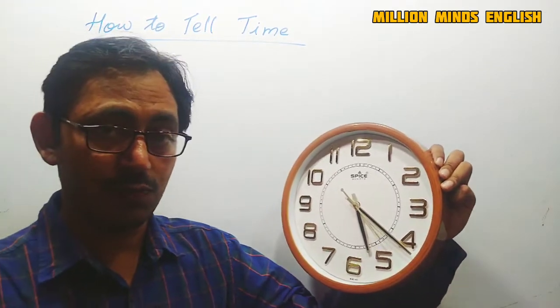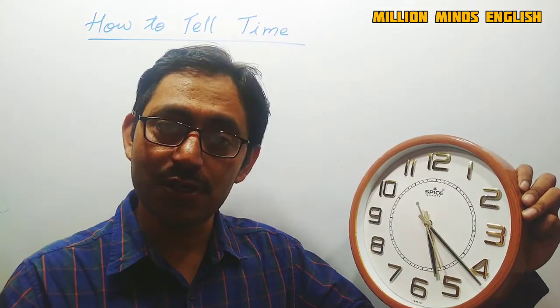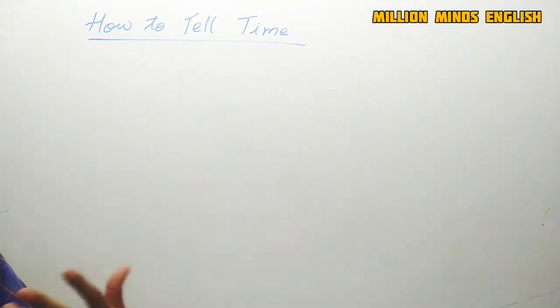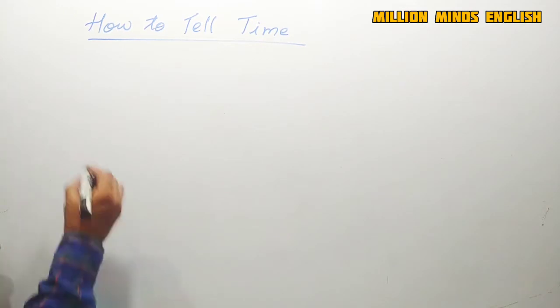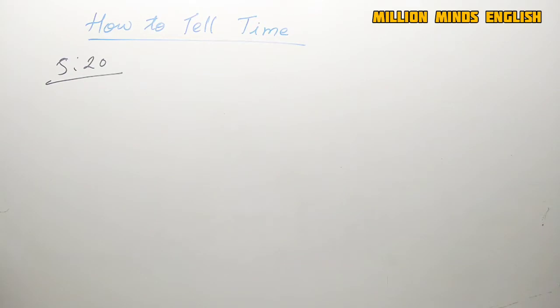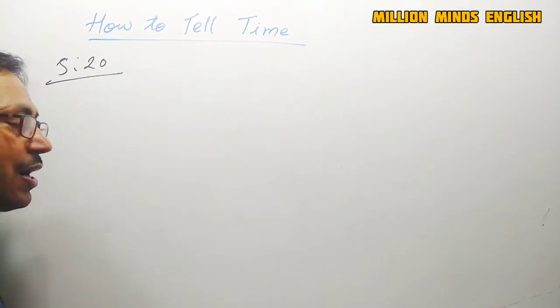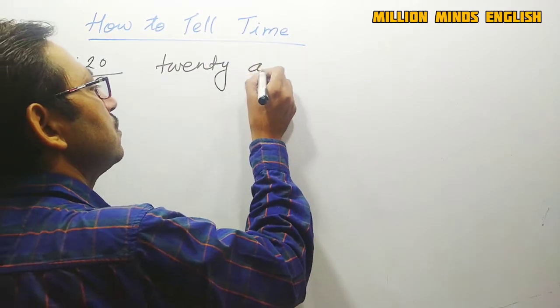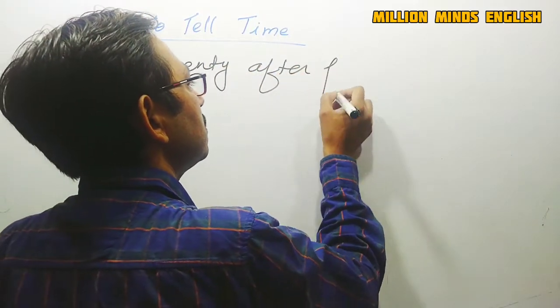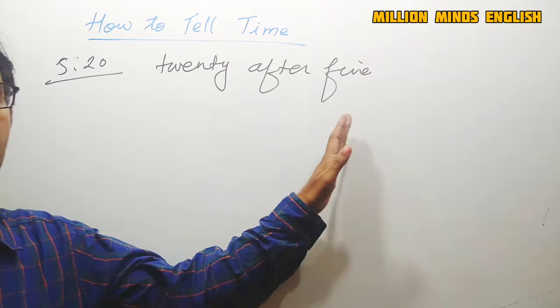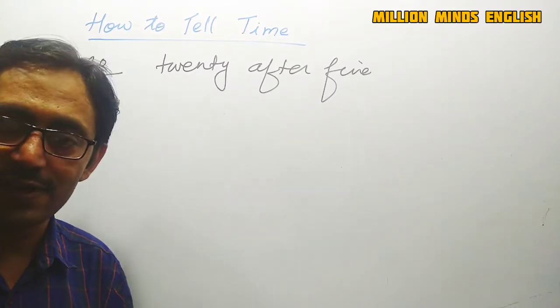Means in Hindi, you will say 5:20. Quite simple. And when we want to tell this time in English, how can we use this? Very first method to say it's 20 after 5. It means 20 minutes have gone after 5 o'clock. Clear, friends?